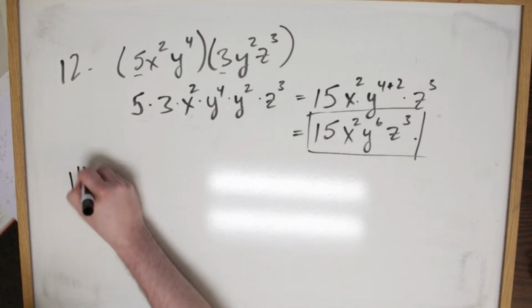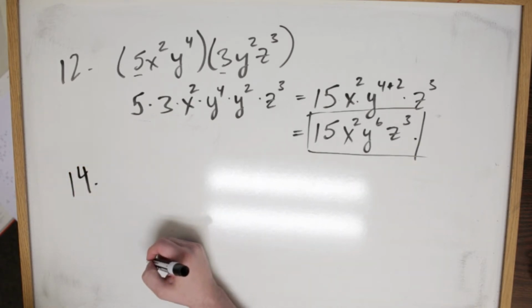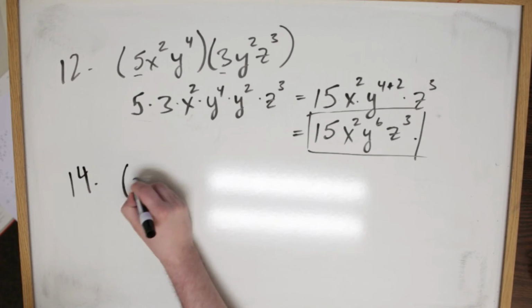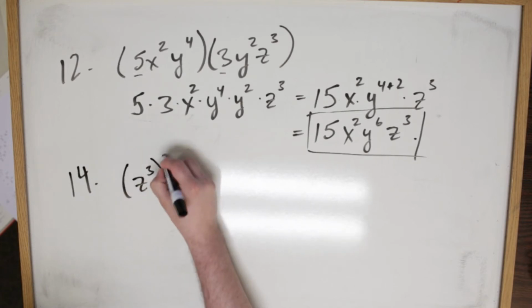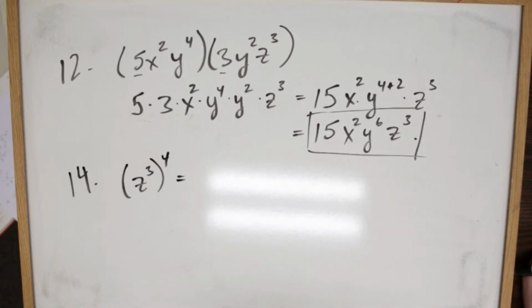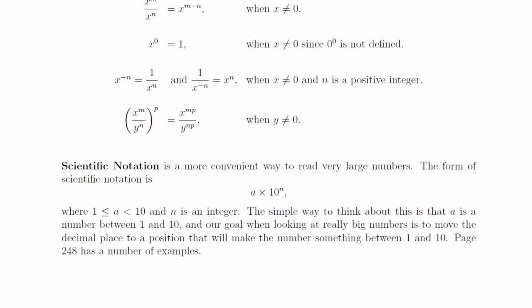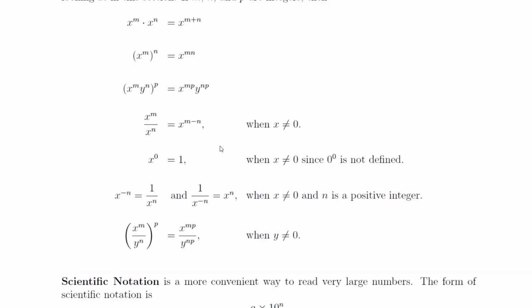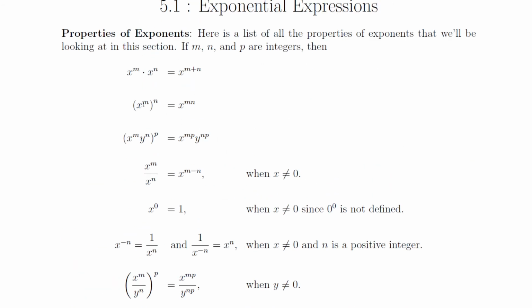Okay, question 14. This is z to the 3rd all raised to the 4th power. Remember, you can go back to the rule if you need to remind yourself of what it is. This is a situation like this one right here.